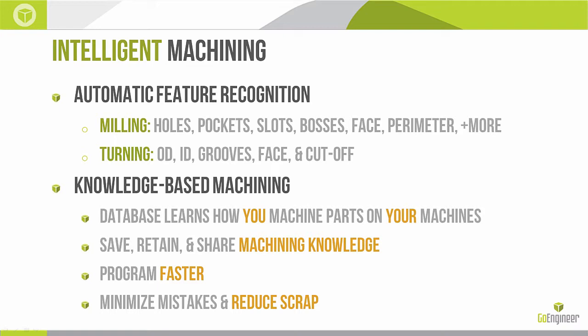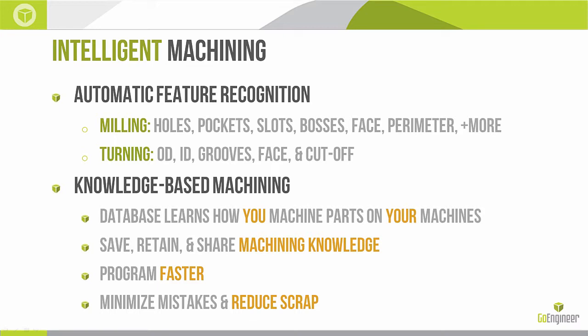It learns how you machine your parts on your machines in your shop with your tools. It allows you to save and retain and share that machining knowledge. So if you have a situation where one person is using SolidWorks CAM that is very knowledgeable and has experience machining, and they save their work back to the database, anybody else in that company looking at that database is going to benefit from that machining knowledge.